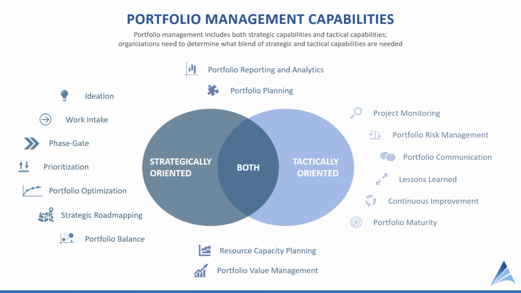And then we do have some that fall in the middle: reporting and analytics, portfolio planning, resource capacity planning, portfolio value management. And if you're interested in any of these topics, we have a video that goes in detail on most of these. You can check that out.